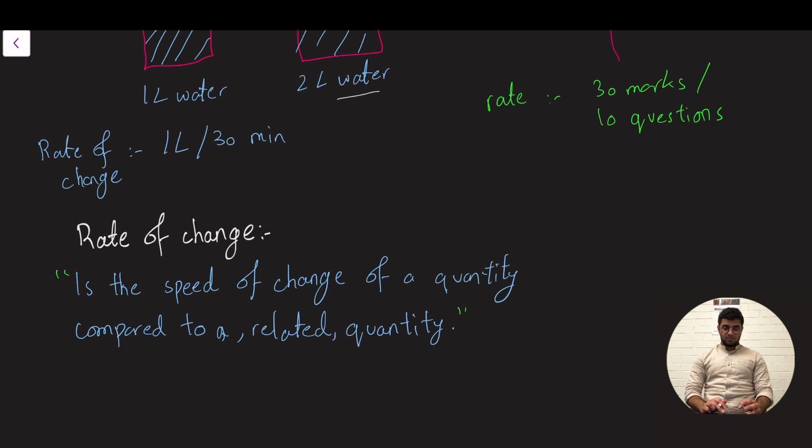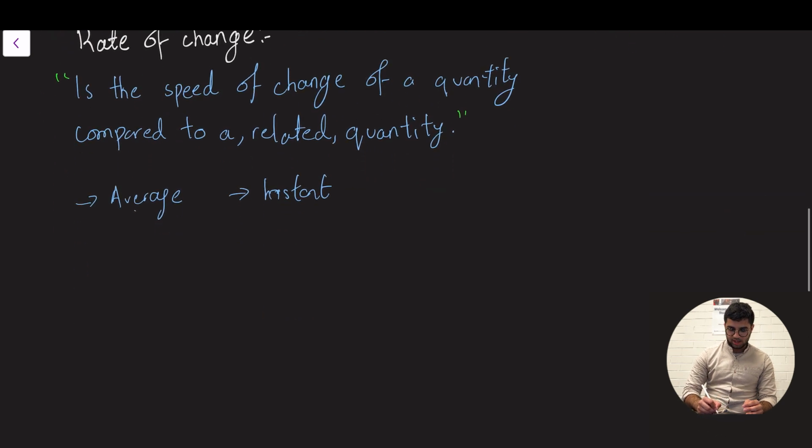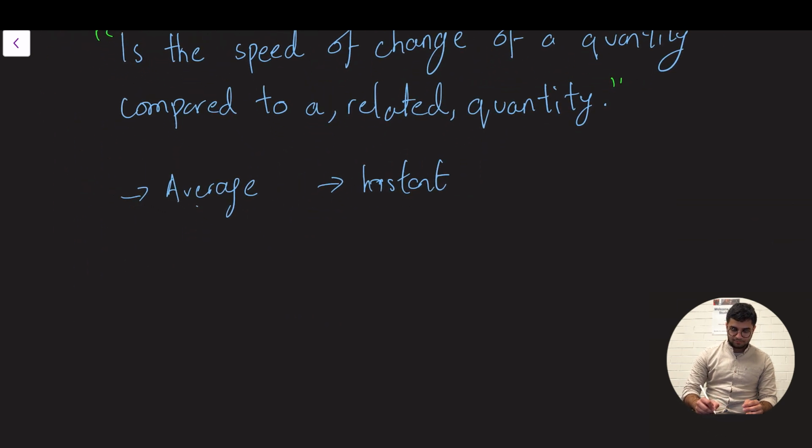Now, moving on, there are two types of rate of change: your average rate of change and your instantaneous rate of change. Let's look at average, and then later we will look at instantaneous. Your average rate of change is the rate at which something changes over a period of time.